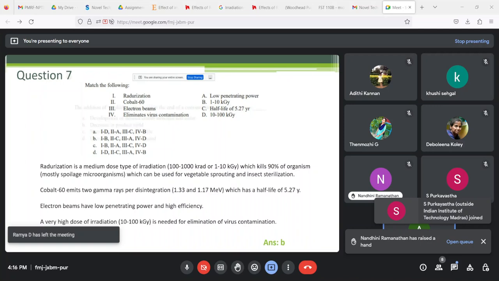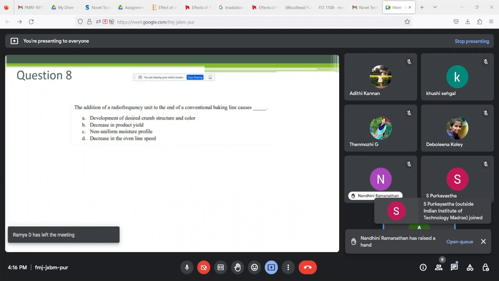Okay. Moving on to question 8. The addition of a radio frequency unit to the end of a conventional baking line causes A, the development of desired crumb structure and color, B, decrease in product yield, C, non-uniform moisture profile, and D, decrease in oven line speed.